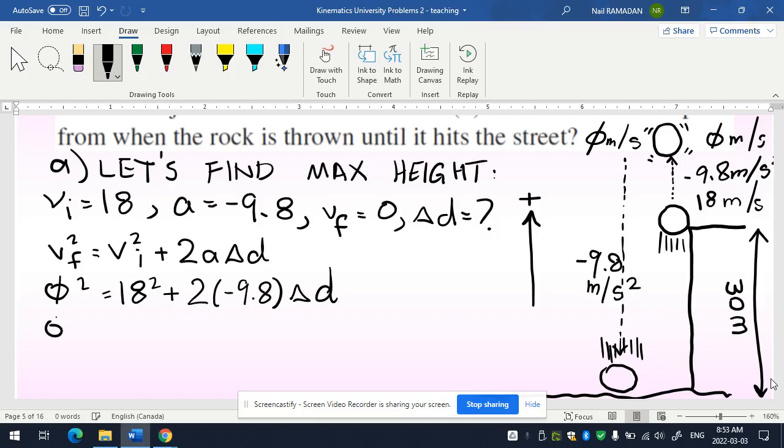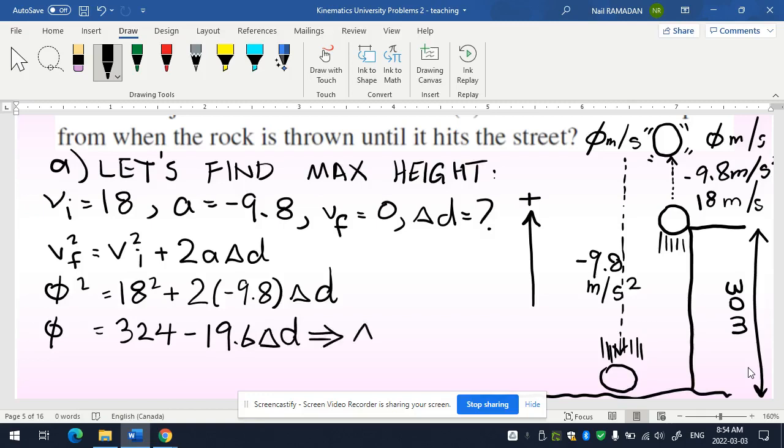Okay. 0 equals, what's 18 squared? 324. Plus 2 times negative 9.8, which is negative 19.6 delta D. Great.